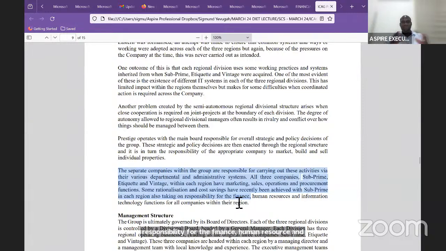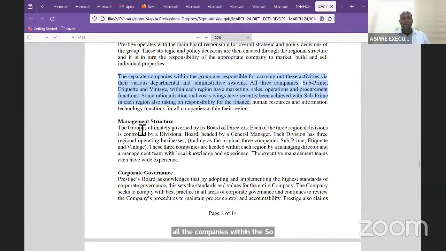So there's been some centralization of some of the various activities. So there will be a need to recommend some changes to the structure of the company.